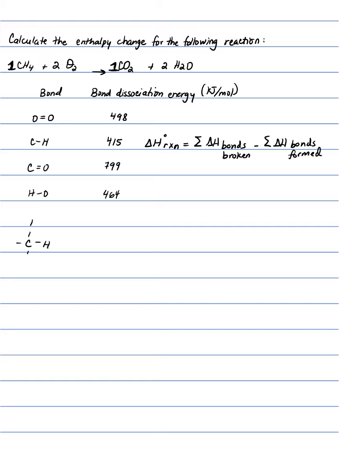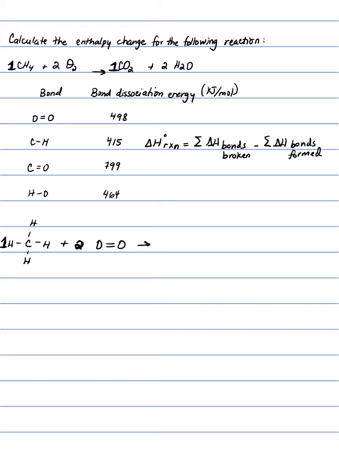Let me leave space here. This is CH4, and then I have this coefficient for CH4 which is just 1. Then I have a coefficient of 2 for O2, and O2 looks like this.